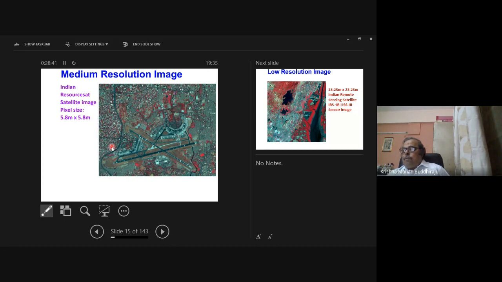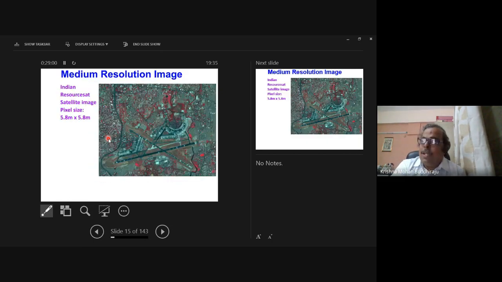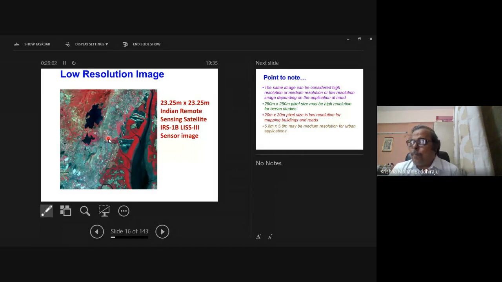Okay, why I'm explaining this is that when you design your machine learning algorithms or image analysis algorithms, you should look at what the characteristics of the images are and what kind of analysis methods are best suited for them.